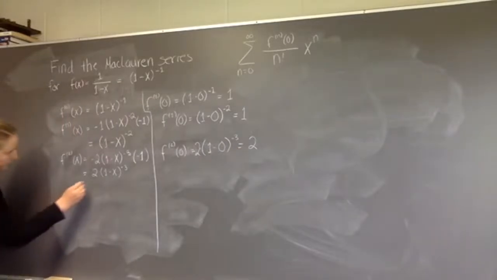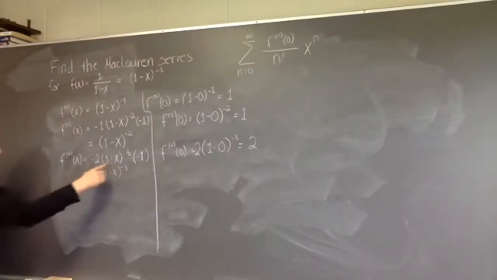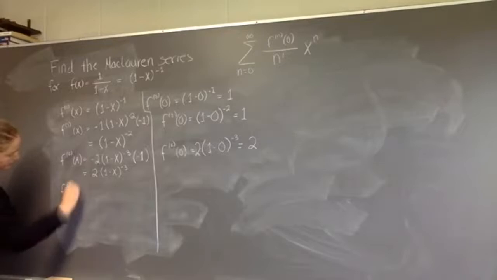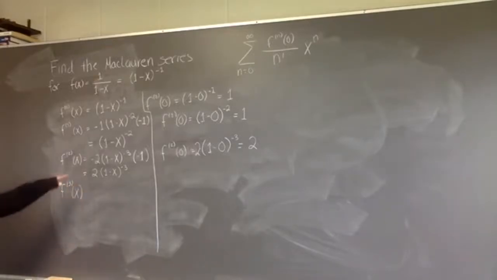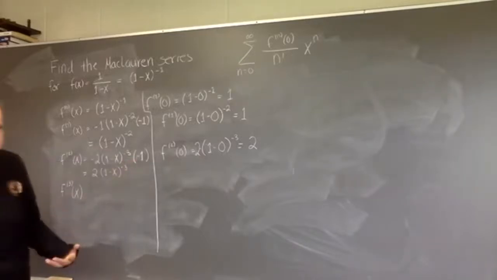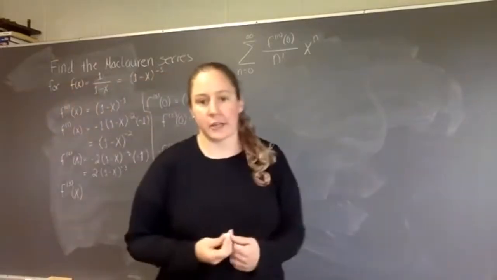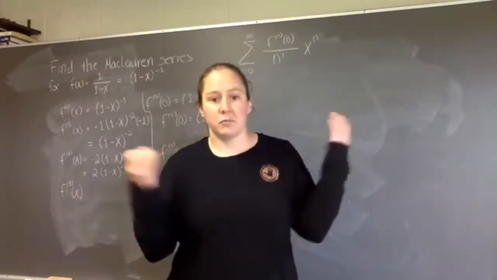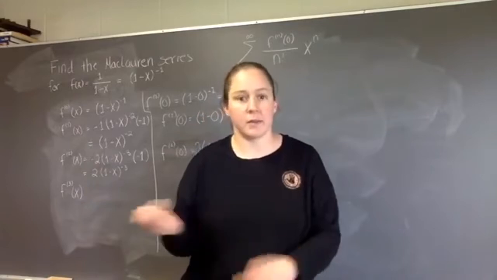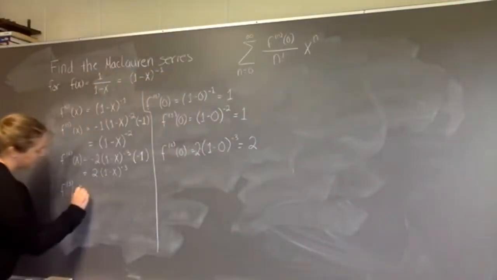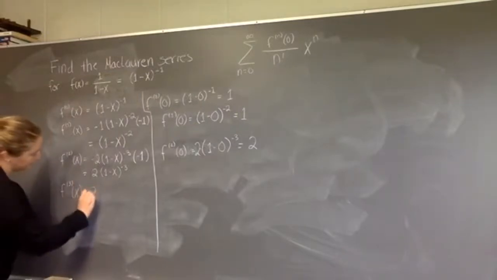The next derivative, we then get a negative 3 coming in front. So our third derivative of x, I'm not going to bother writing the negative with the 3 and the negative 1 again, because we know we get two negatives and they cancel each other out and give us a positive. So I'm just going to write 3 instead of negative 3 with a negative 1 multiplied at the end. What we end up with here is, well, we previously had this 2.